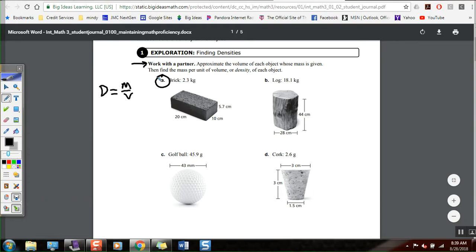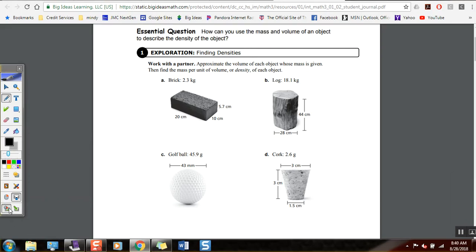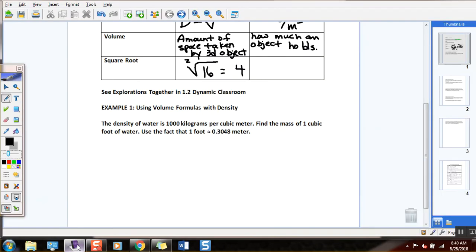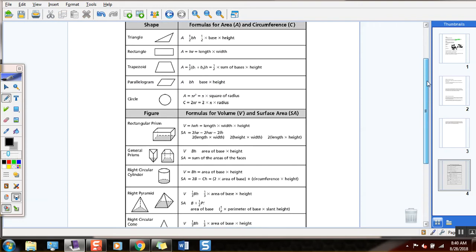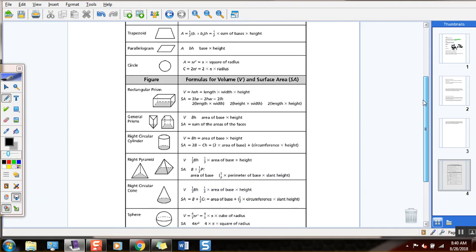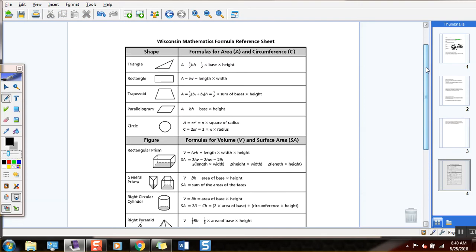Okay, if you don't know, that's okay. Because I've done a nice thing here, all right? Went into Wisconsin and I got some things the other day. Take a look at your notes on the very back page, would you, kids? Even though it says Wisconsin, we'll let it go by. All right. There's a reference sheet for all your formulas back there that we're probably going to be using.